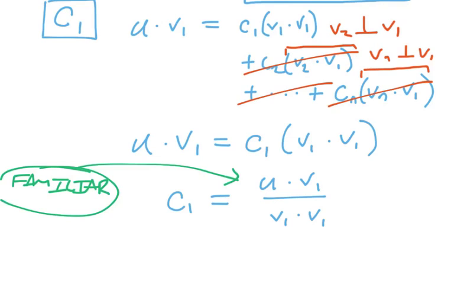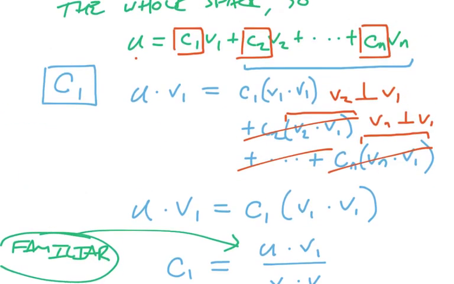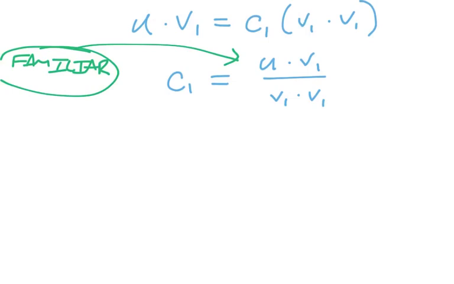And what this tells us is that if we put this back into our formula for how to reconstruct, right, this formula up here, this formula for how to reconstruct u, this arbitrary vector, from the v's, well, what it says is that u is going to be equal to c1, and now we have a formula for c1.